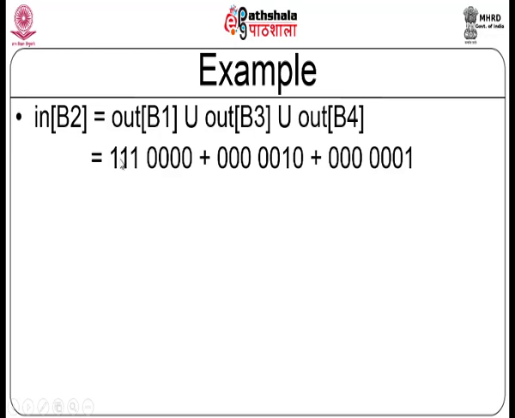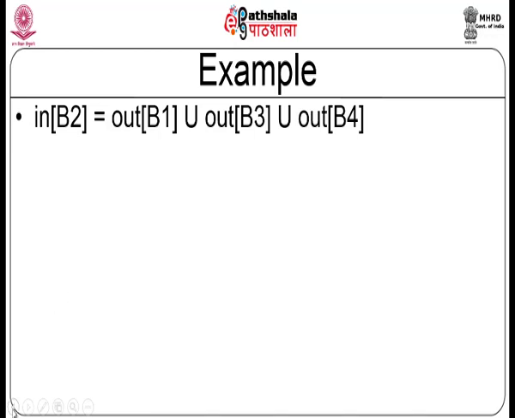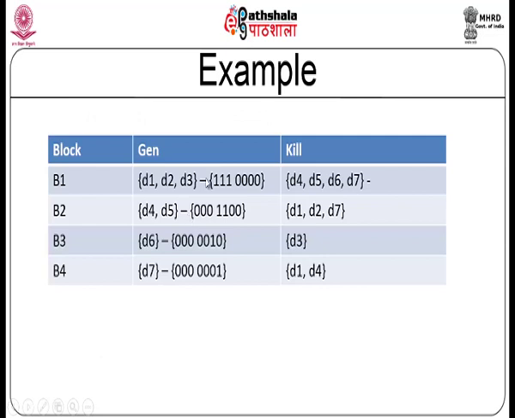So, out of B1, we have assumed to start with, out of B3 and out of B4 will have basically these three components only because it is equal to gen. So, out of B1 is the D1, D2, D3 bits set to 1, out of B3 is D6 set to 1, out of B4 is D7 set to 1.